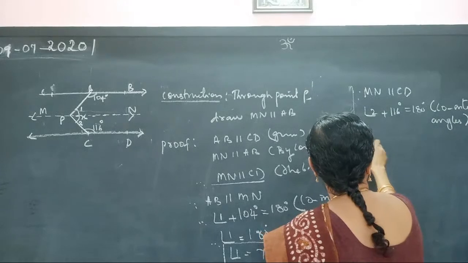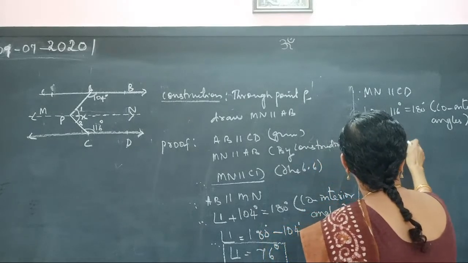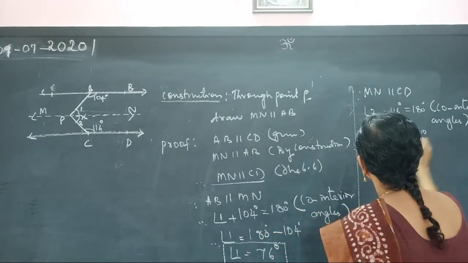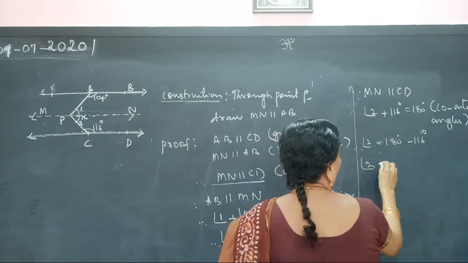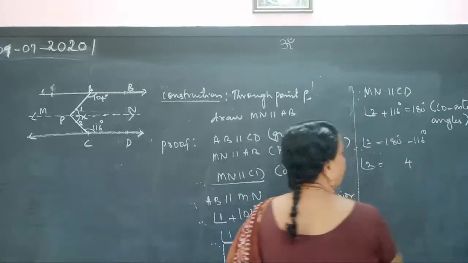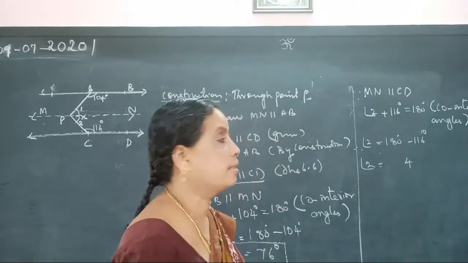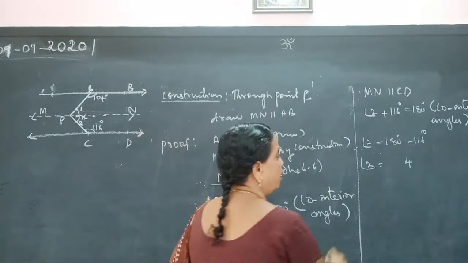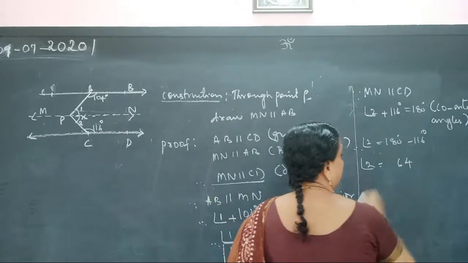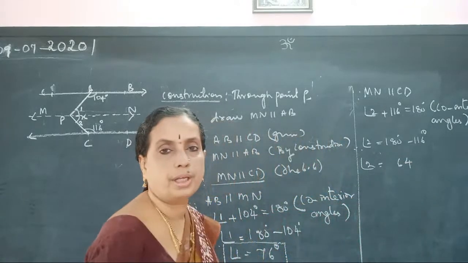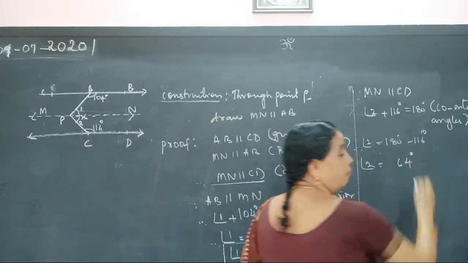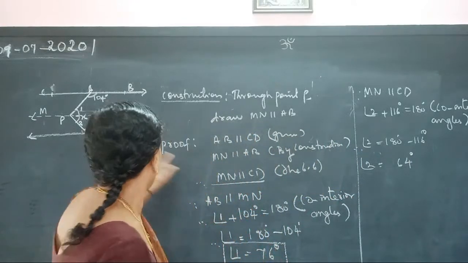Therefore, angle 2 equals 180 degree minus 116 degree. Angle 2 equals 64 degree. Okay? We require x.